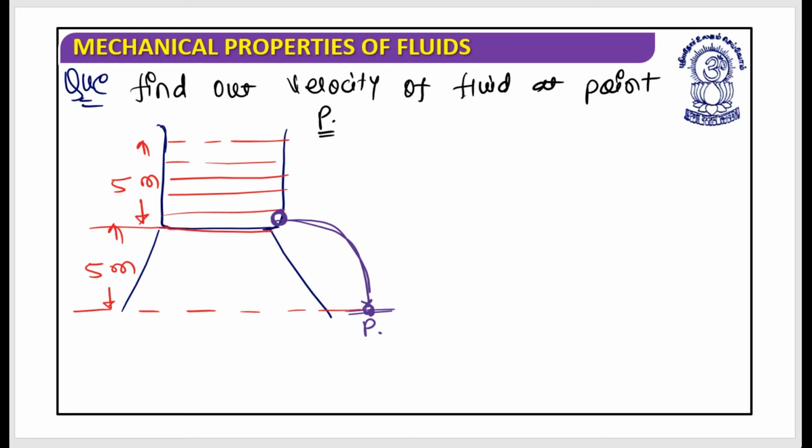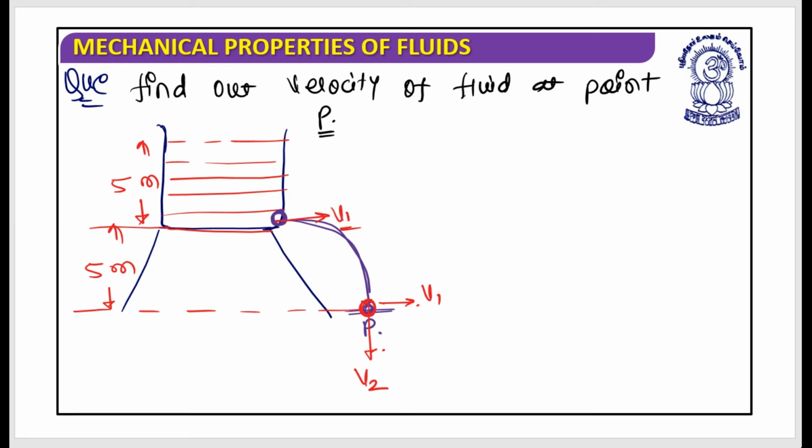First, what I must understand is that when it strikes here, it has two velocities, v1 and v2. This is the velocity v1.